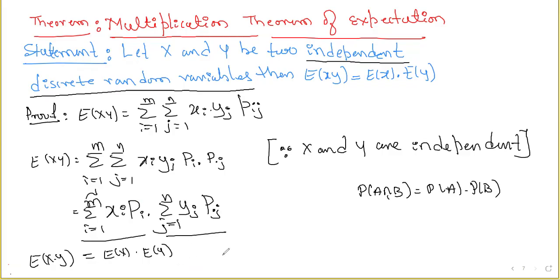So this is the proof, right? So this is nothing but the multiplication theorem of expectations, right? Is it clear? So I hope it's clear. This is called multiplication theorem of the expectations, right?